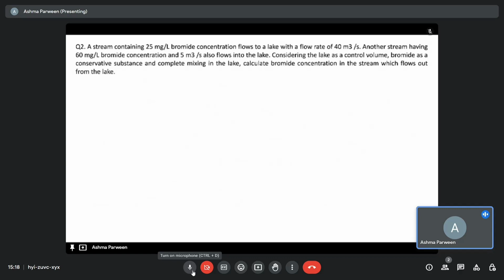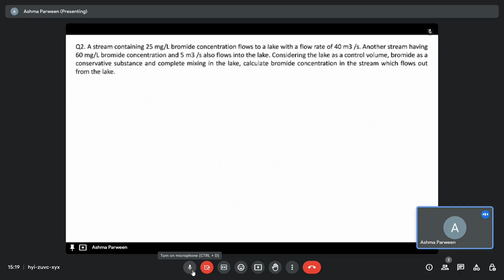Considering the lake as a controlled volume, bromide as a conservative substance, and complete mixing in the lake, calculate the bromide concentration in the stream which flows out from the lake. So we have been given that two streams are flowing into a lake, and we have to find the final concentration of the pollutant which will come out from the lake.